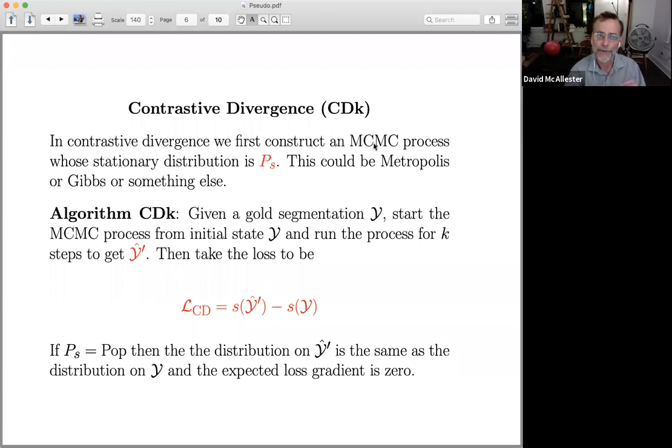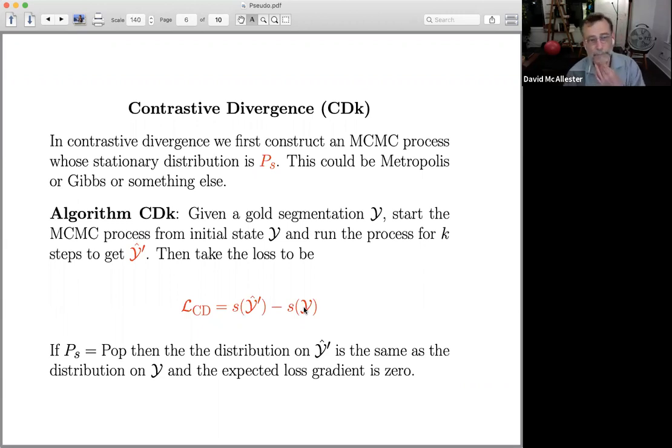So when I do a few steps, y prime is drawn from the same distribution, because if the model's correct, I'm drawing from the stationary distribution of the model, then running for k steps to get another point, but I started from the stationary distribution. So this is essentially being drawn from the same distribution, in which case the expected difference in these scores is 0. So the gradient of this function will be 0 when the model is correct.